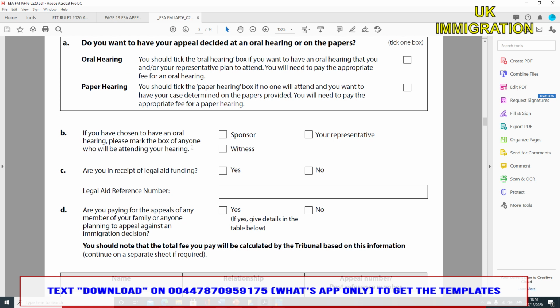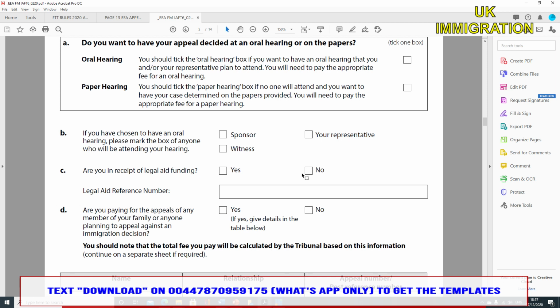In the next section, they're going to ask who is going to attend the hearing. You need to tick one of the boxes, either your representative, sponsor, witness, whoever is going to attend. Are you in receipt of any legal aid funding? Say yes or no, whatever is applicable.